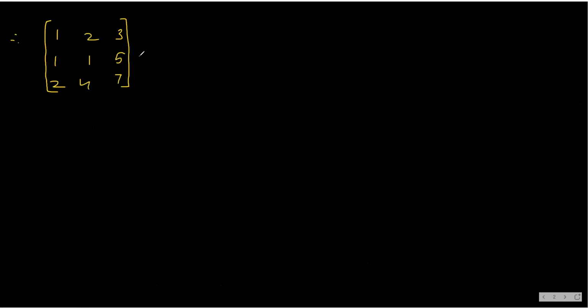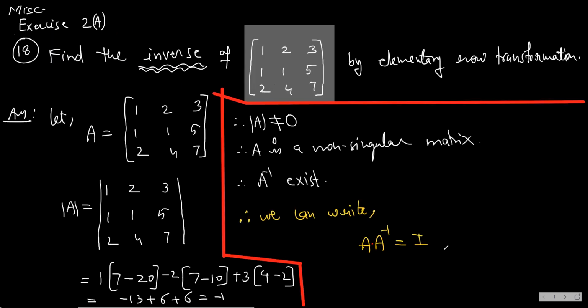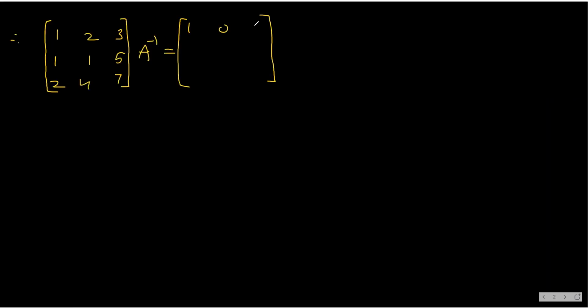And A inverse is unknown. And the right hand side is I, which I will write as 1, 0, 0, 0, 1, 0, 0, 0, 1. Now I want you all to be very alert. Now watch this. What am I going to do?